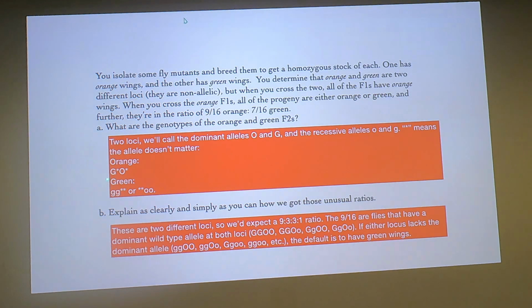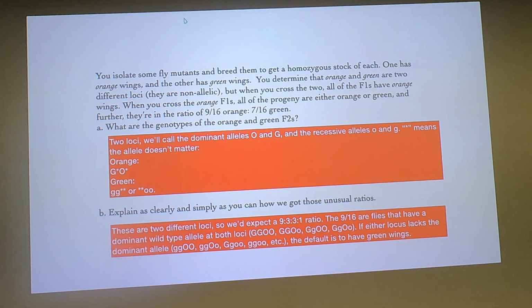That could be, for instance, big G, big O, big O, big O, little o, etc. All these different combinations, it just doesn't matter. They'll give you orange. Similarly, green means that in one of the loci you are homozygous recessive. So if you're homozygous recessive for little g or little o, you're going to make green wings in this example.